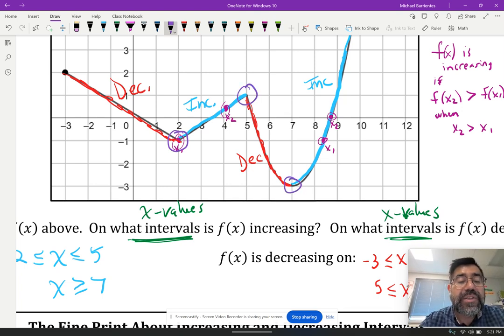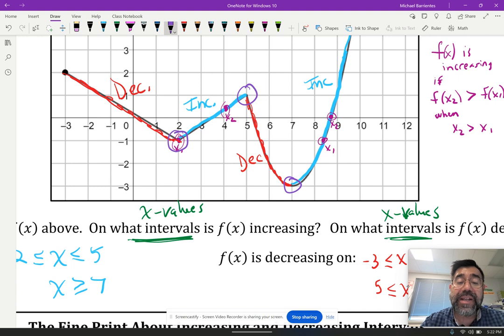What do I know about the slope at x equals 2, the derivative value at x equals 2 for this function? It's undefined because it's not differentiable, right? So the derivative is undefined at that point. That's a critical point. What about this one? Oh, it's also undefined. Why? Because there's a sharp turn. There is no derivative. So the derivative is undefined there.